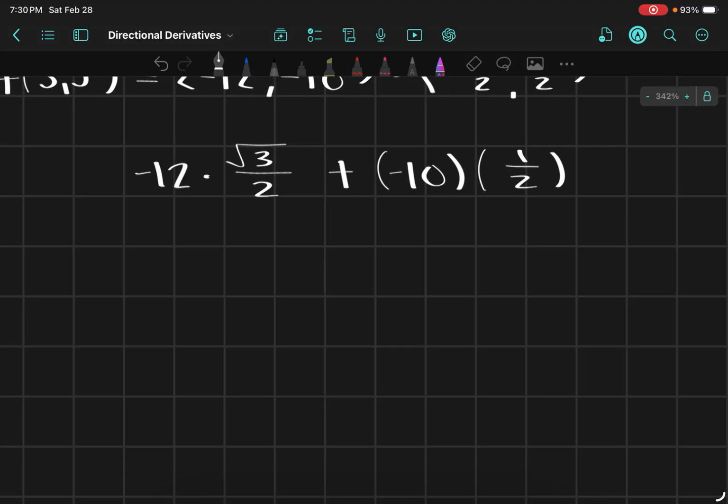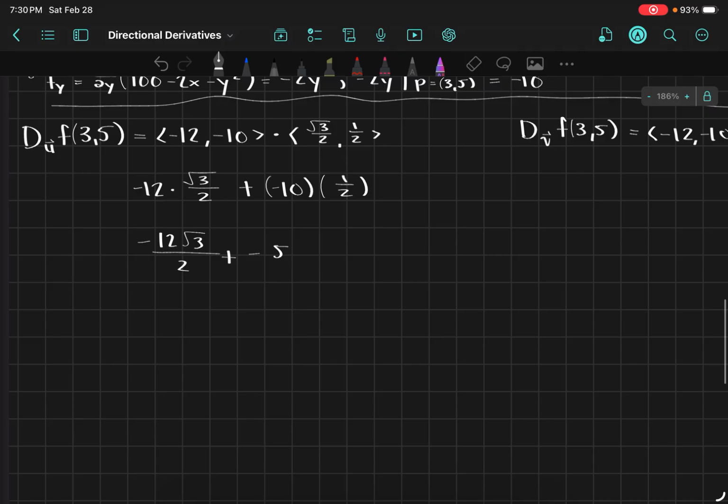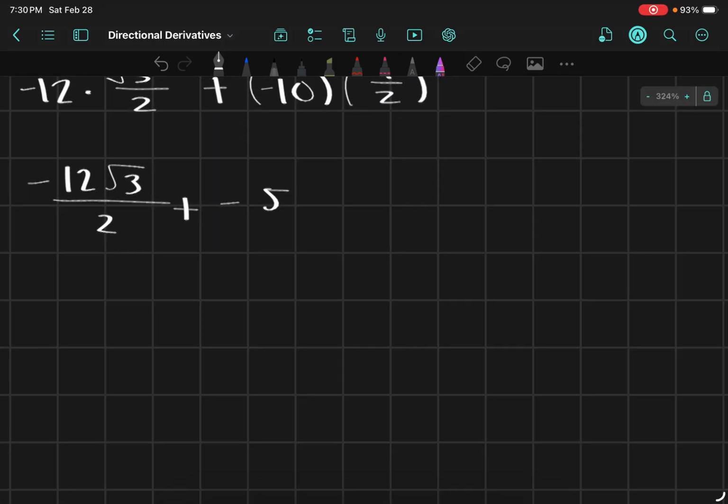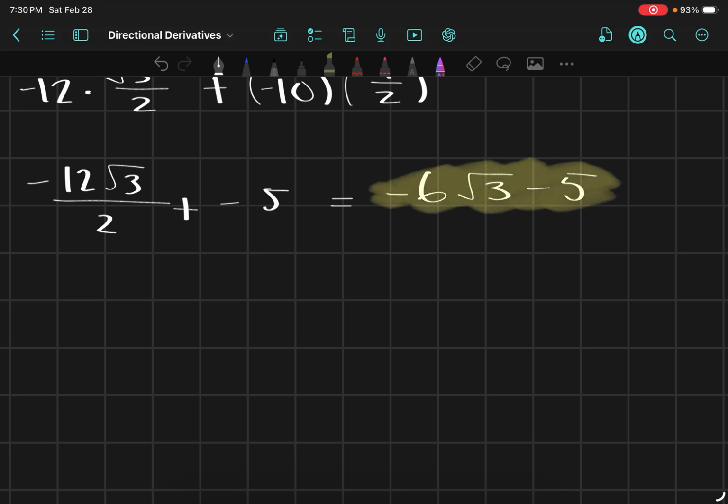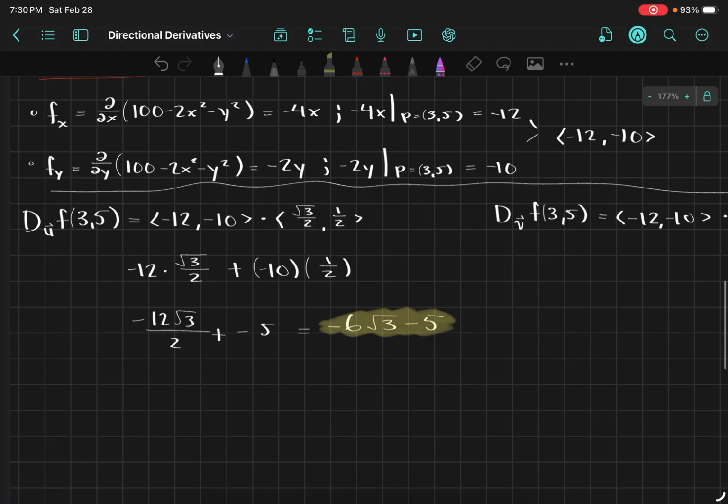So we are going to have negative 12 root 3 over 2 plus, what is that, just negative 5. That'll just be negative 6 root 3 minus 5. I am not going to simplify that further. That is our directional derivative at the point 3, 5 in the direction of our u vector.